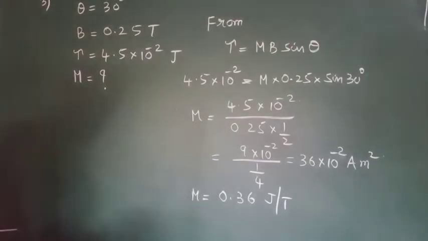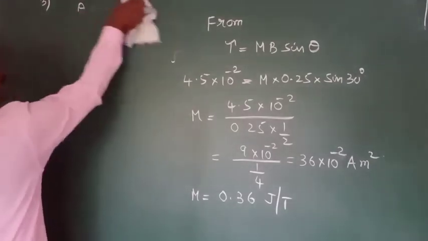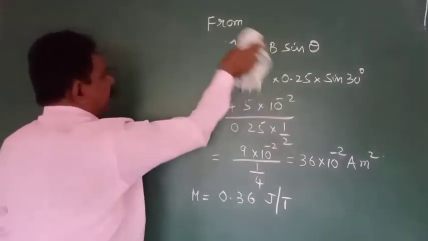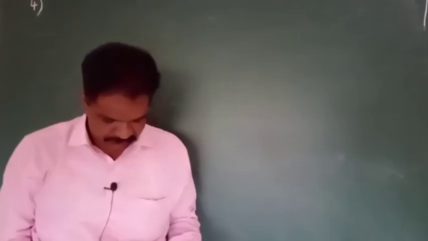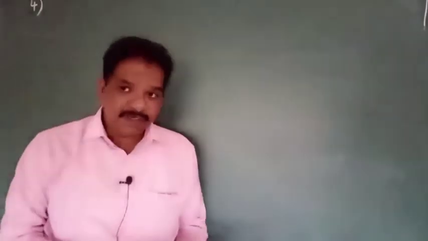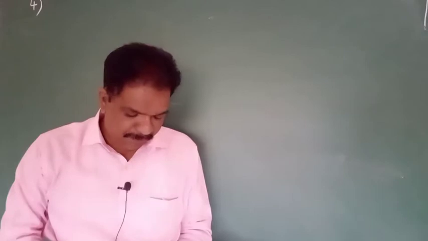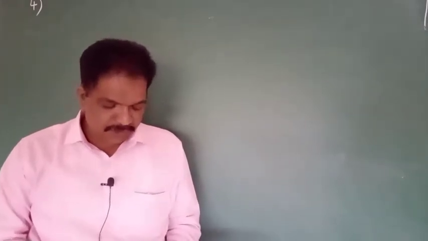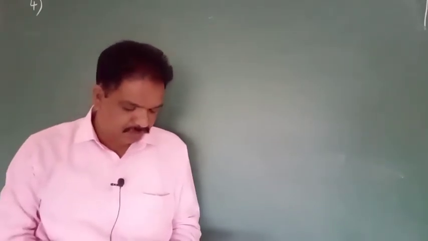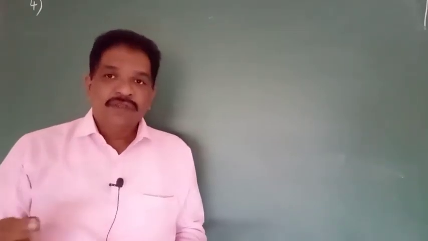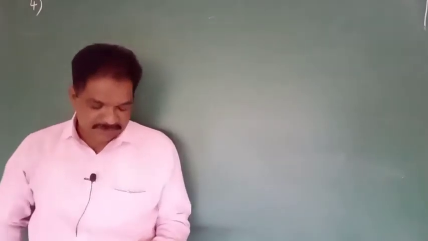Next, see problem number 4. What are they asking? A short bar magnet of magnetic moment 0.32 joule per Tesla is placed in a uniform magnetic field of 0.15 Tesla.